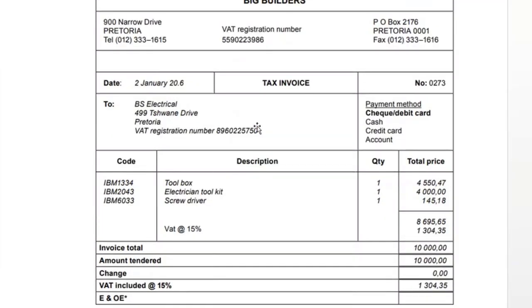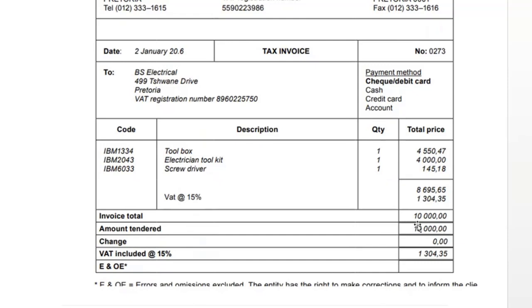Can you see? It's also showing that 10,000 was the invoice amount.